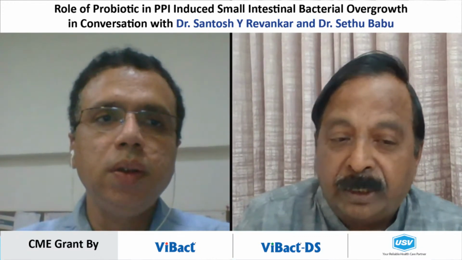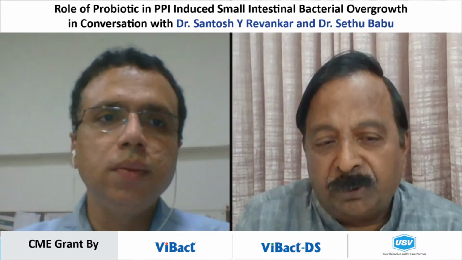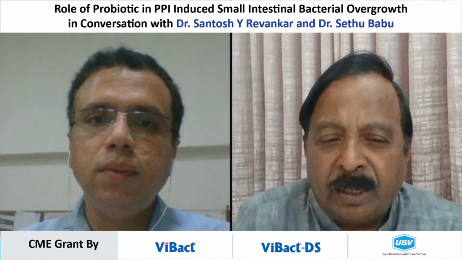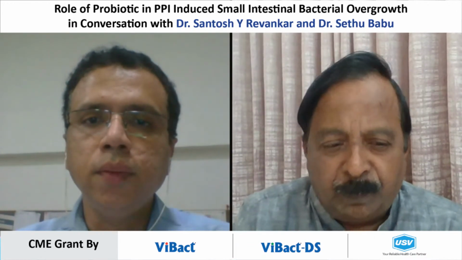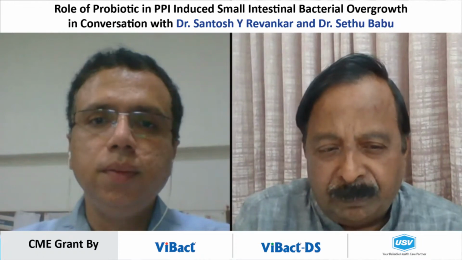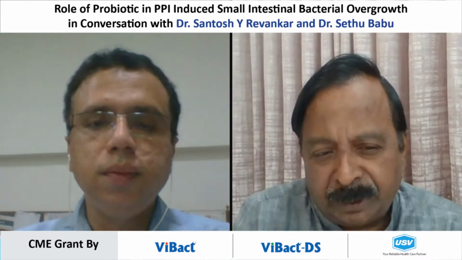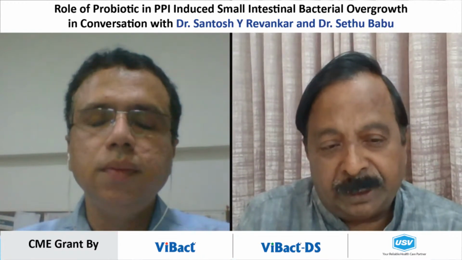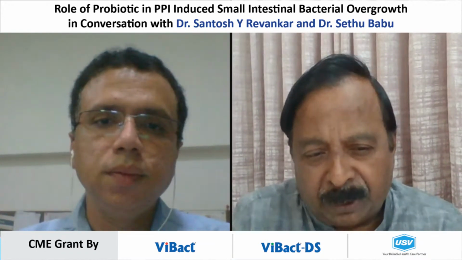Actually, it's very difficult to differentiate between somebody who's got SIBO and somebody who's got another disease. But most of them have dyspeptic symptoms. It starts with something like gas bloat syndrome, or some of them have anorexia as a predominant presentation. Some can have diarrhea as a predominant presentation, and some people become anxious because of these symptoms.